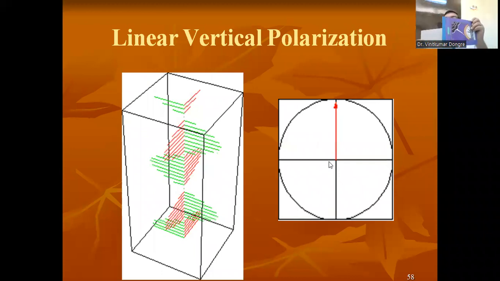This is another antenna, again horizontally polarized, so this should be kept this way. If they are kept facing each other like this, then the horizontal polarization matches and they can receive.